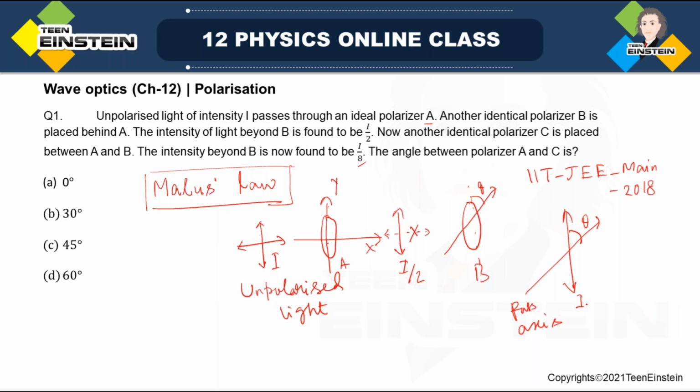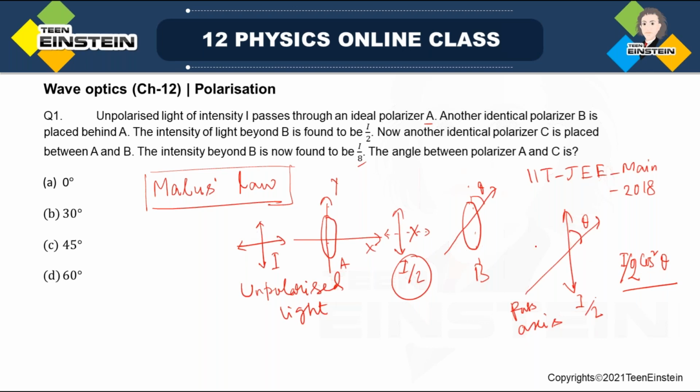If the incident intensity is I0, here it is I by 2, then after passing through B, the intensity will be I0 cos square theta. That means the initial intensity I by 2 into cos square theta. So this is the Malus law.